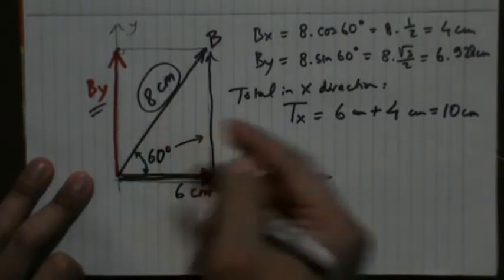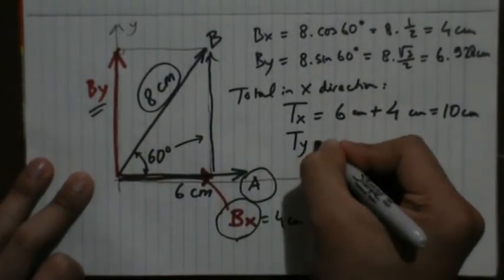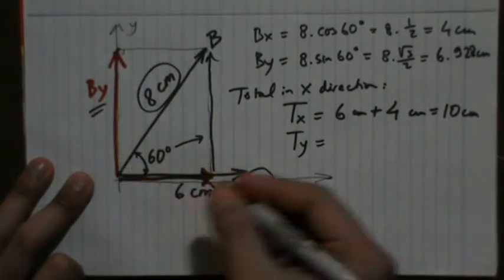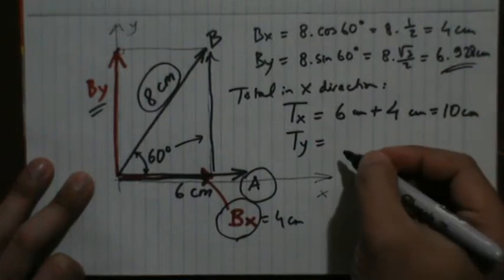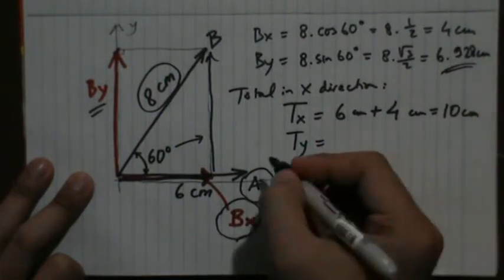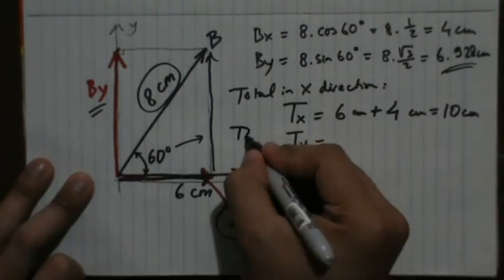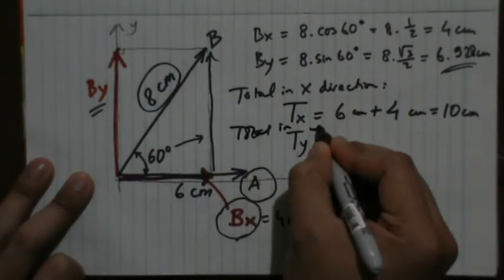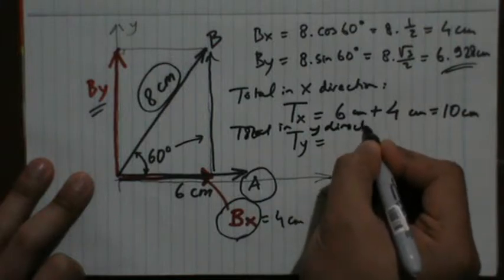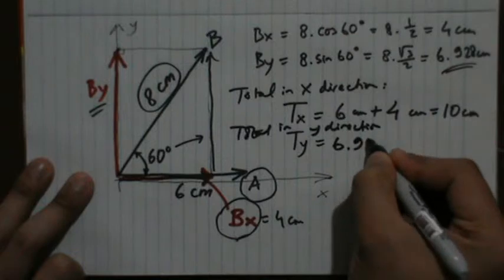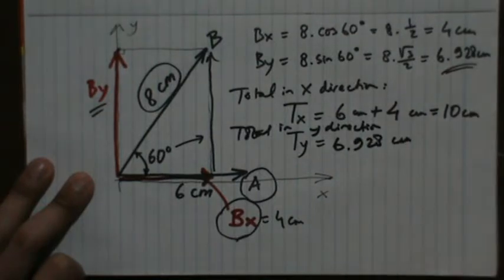And here we only have one vector in y direction, which is by, and the magnitude is 6.928. So the total in y direction, or ty, is 6.928 centimeter.